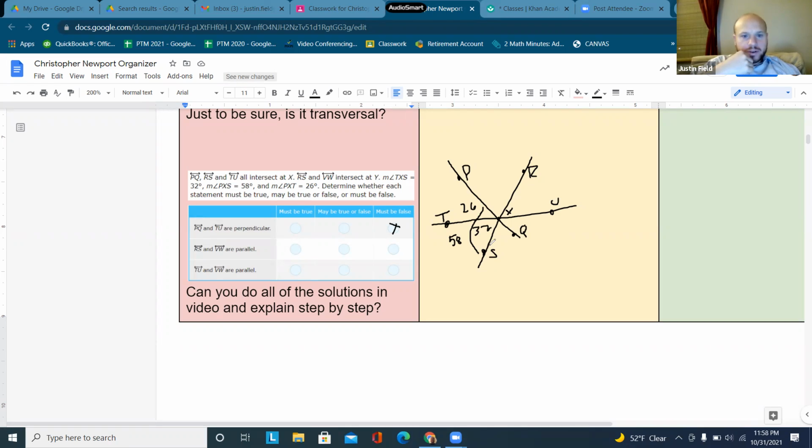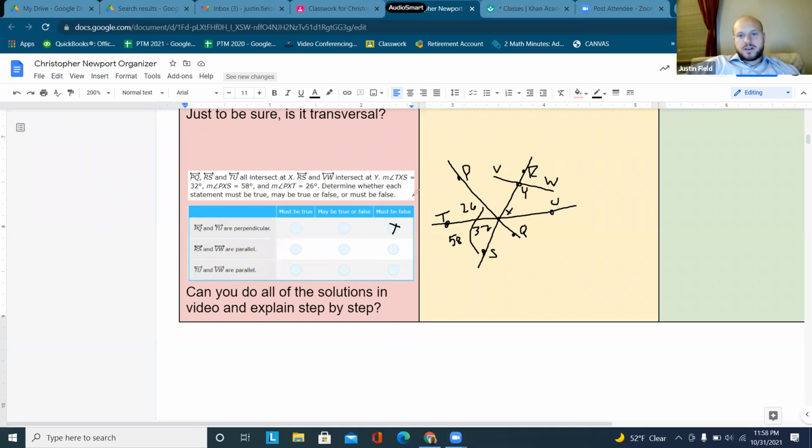RS and VW intersect at Y. VW, that's at Y. Okay. There's nothing about the angles.